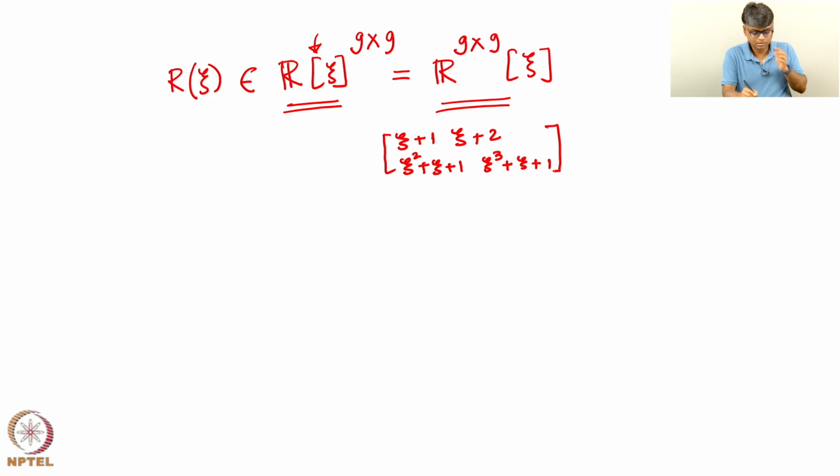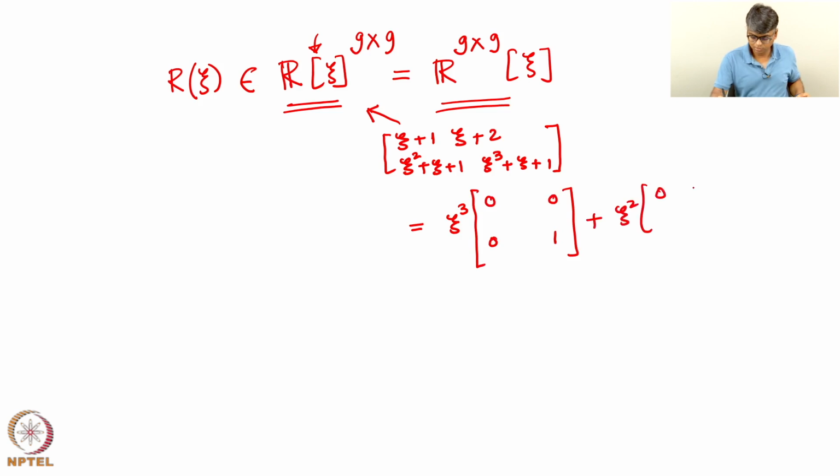Following this convention, I can also write this matrix as xi cube times [0, 0; 0, 1] plus xi squared times [0, 0; 1, 0] plus xi times [1, 1; 1, 1] plus the constant matrix [1, 2; 1, 1].